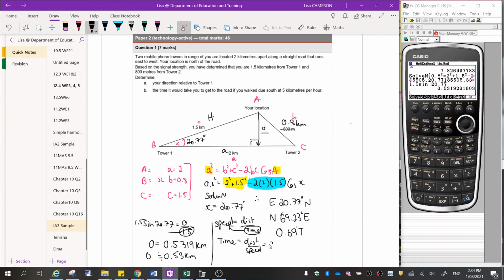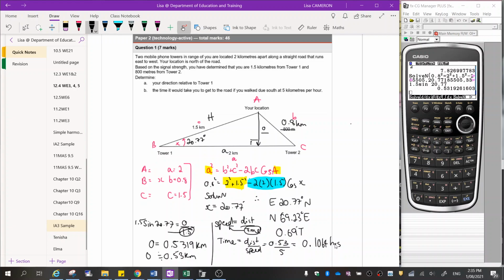So that's going to be 0.53 divided by 5 kilometres an hour, and that's going to give me 0.1064 hours.